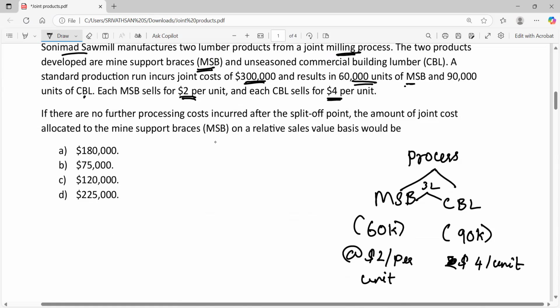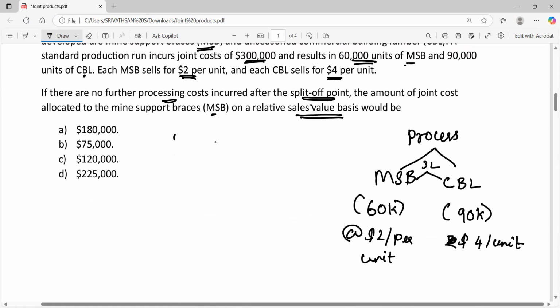If there are no further processing costs incurred after the split off point, what does it mean? It means that after the split off point, we are not manufacturing or producing the products into a new product further. So there is no further processing cost. The products are sold at the split off point itself. The amount of joint cost allocated to MSB on a relative sales value basis would be how much?